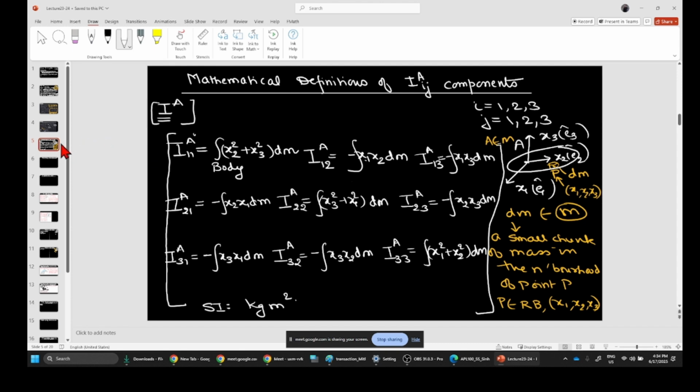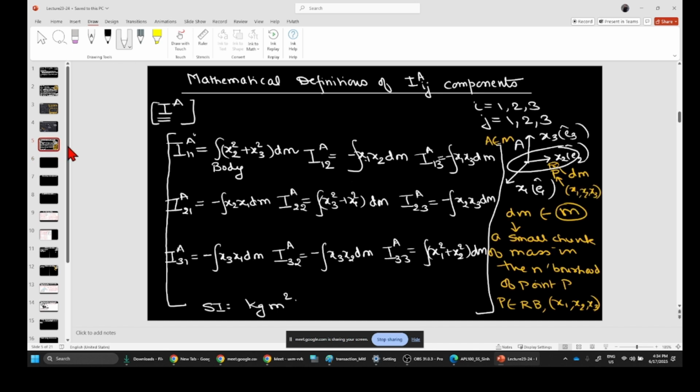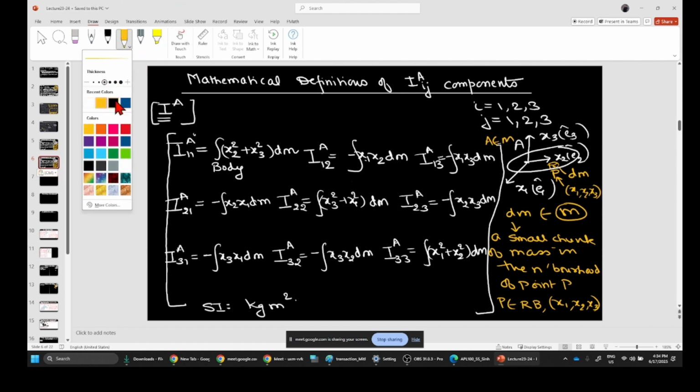Now note that this matrix, if you observe the various components, you will realize that this inertia matrix is a symmetric matrix.